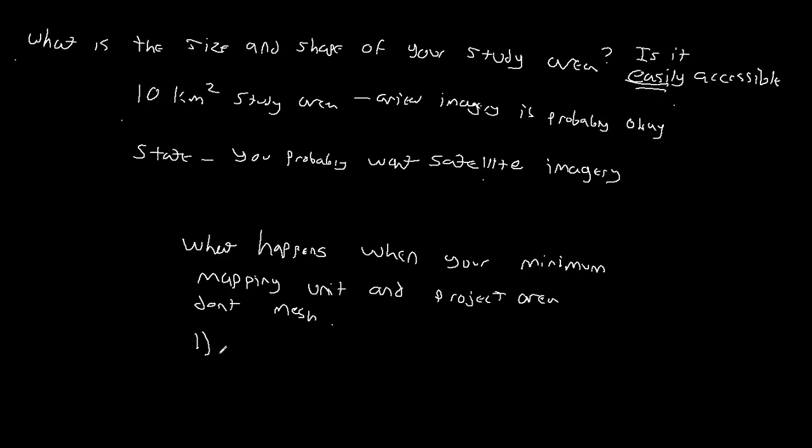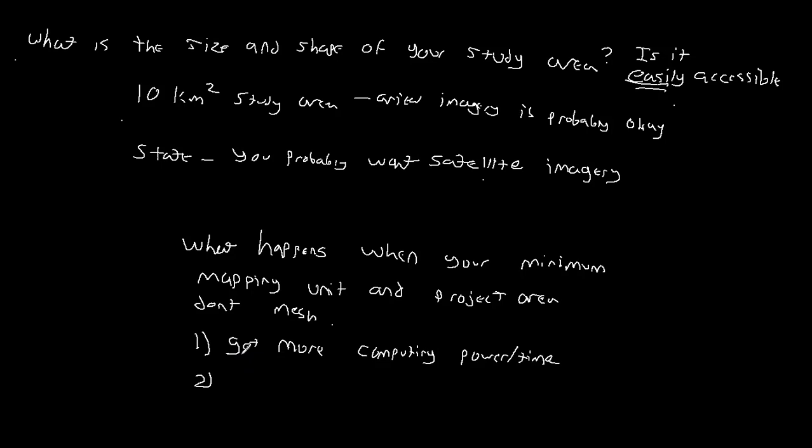So let's say one, get more computing power and time. Maybe you hire out a supercomputer and give it a month instead of trying to get this done on your personal computer in a weekend. Two, you cut back on your study area.